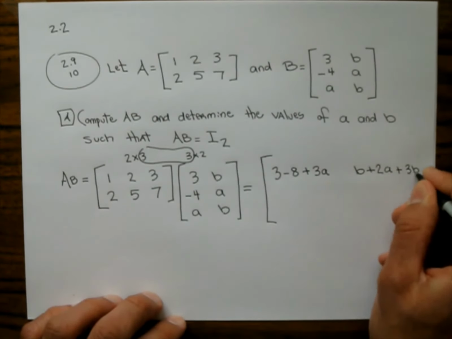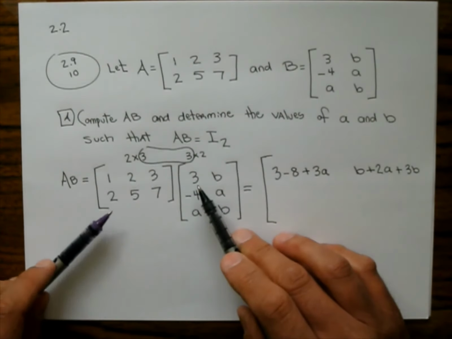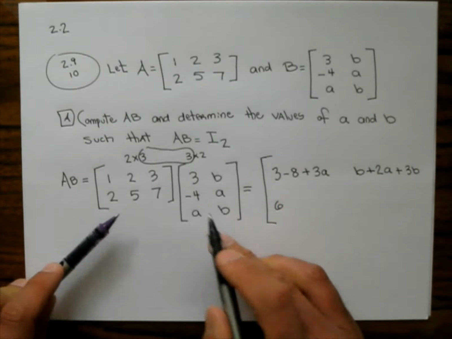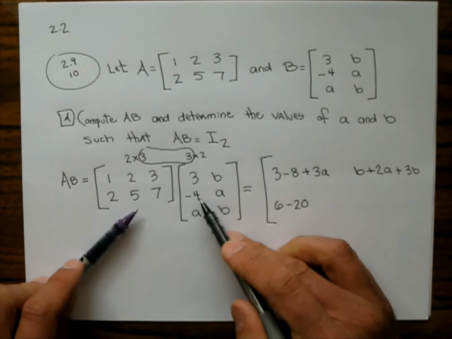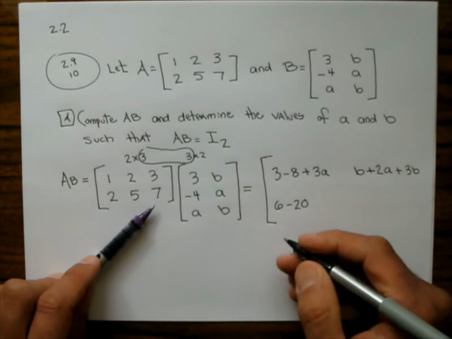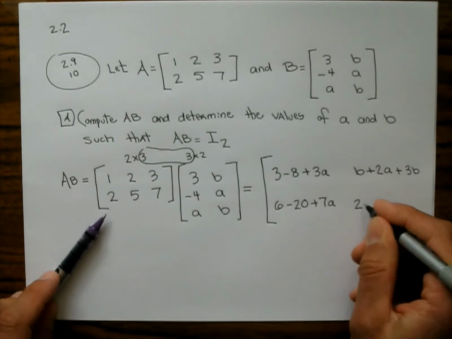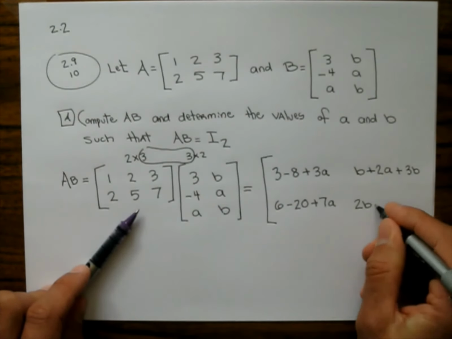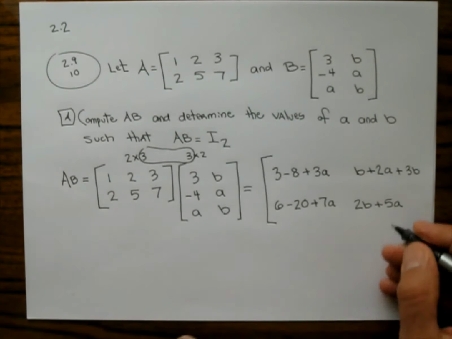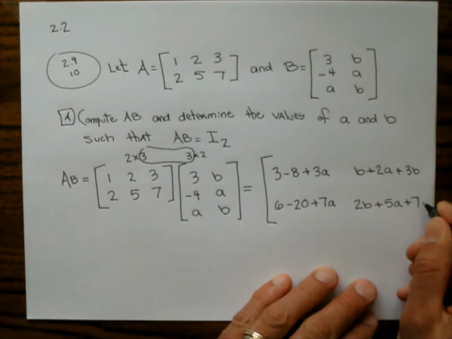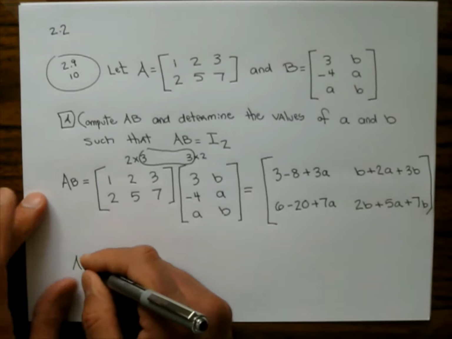My next one is going to be 6 minus 20, and then we have 6 minus 20 plus 7a. And then the last one's going to be 2b plus 5a, and then this is going to be plus 7b. Okay, so compute AB. Well, it looks like we've done that.